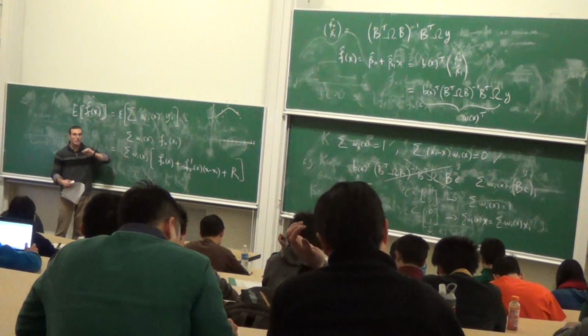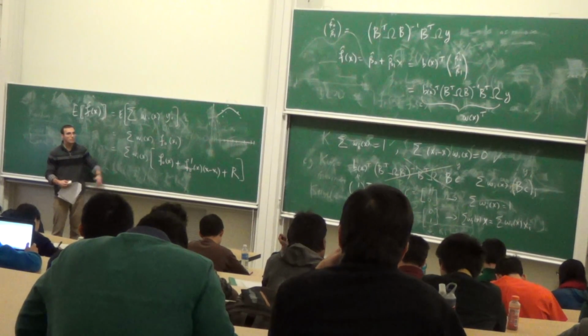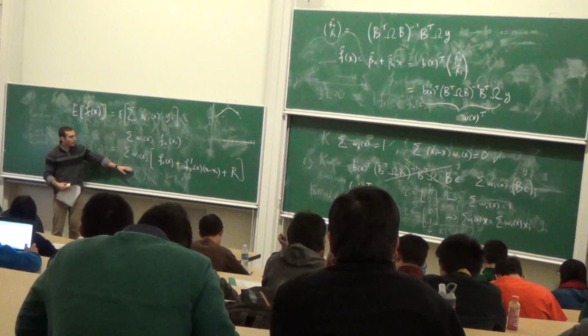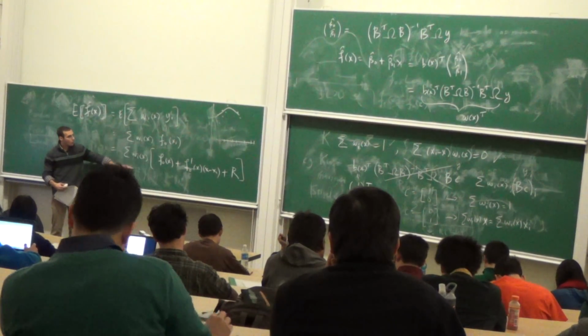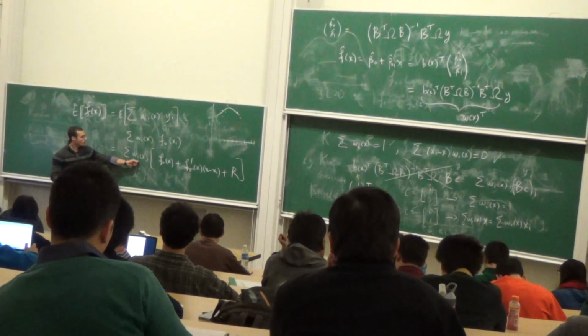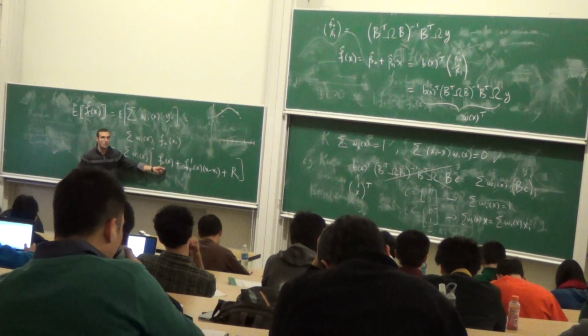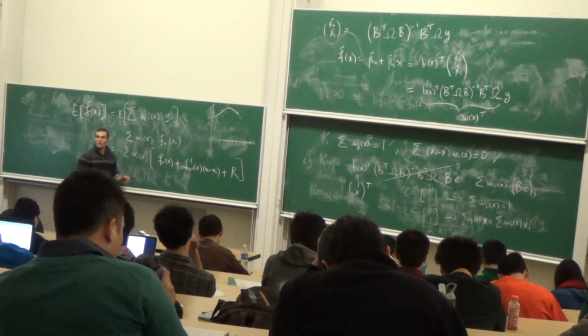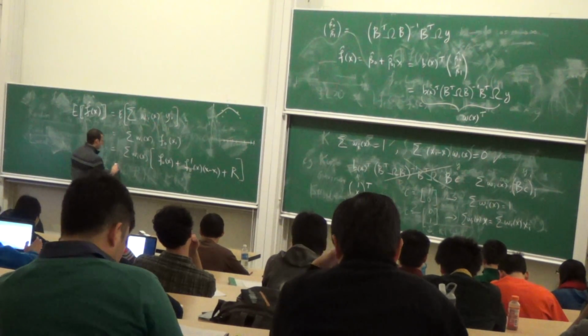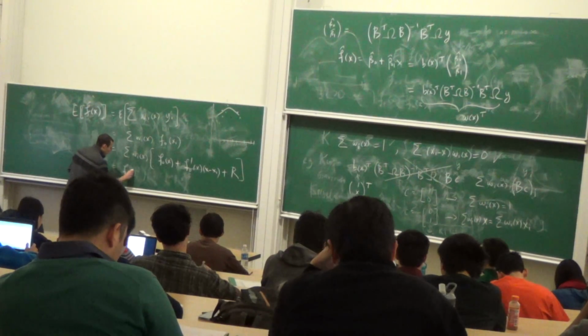I'm going to neglect that, being sloppy, we'll just keep it as r. And we can see immediately, let's look at this expression. What do we get? Well, we get the sum of wi of x times f naught of x. But the sum of the wi's is 1, right? And this isn't dependent on i, so we just get f naught of x.